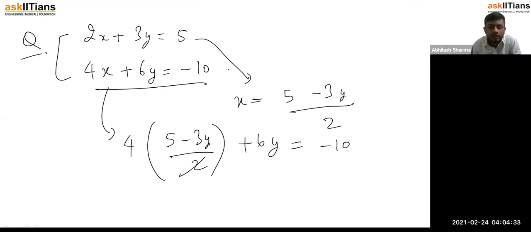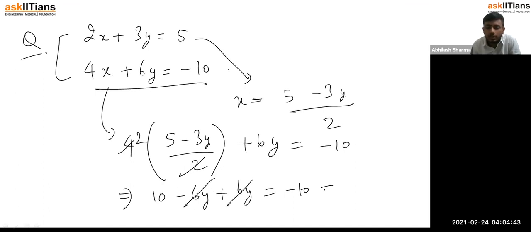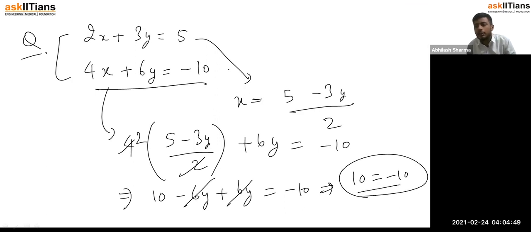So here this gets cancelled with a 2, and if you open this bracket, you will get 10 minus 6y plus 6y is equal to minus 10. 6y gets cancelled. We are left with 10 equal to minus 10, which is obviously never true. It can never be true, right? So since there is such a condition which can never be true, we can say that this equation has no solutions.